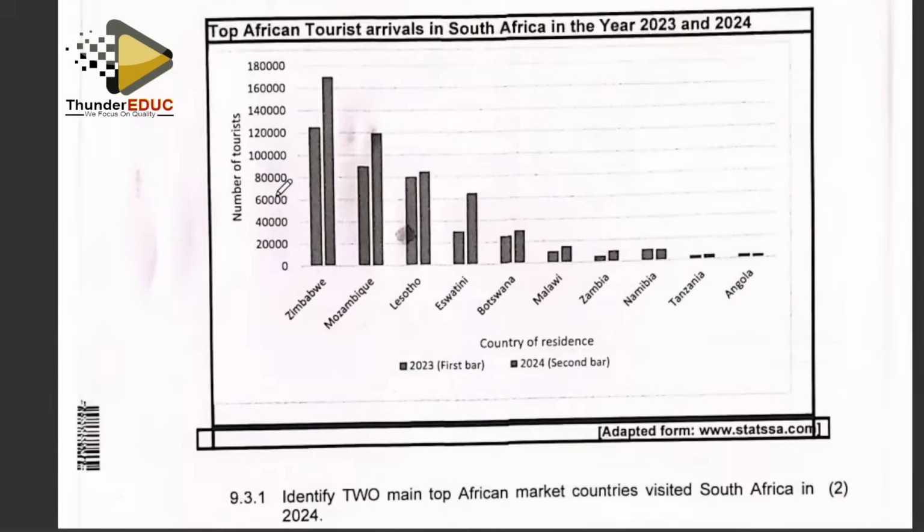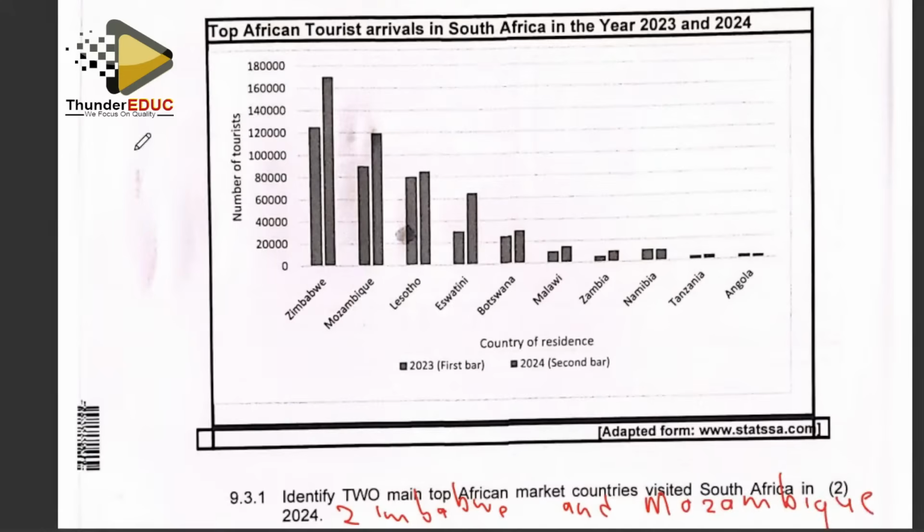If you look at these two graphs, you can see that it is Zimbabwe and Mozambique. Those are the top two travel markets there.